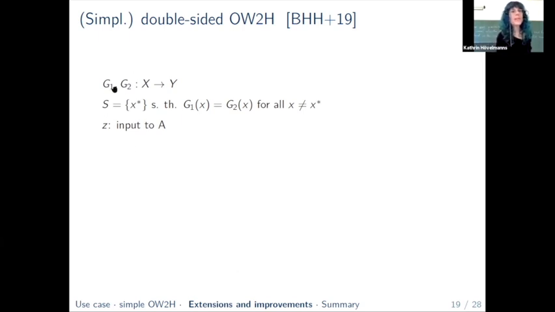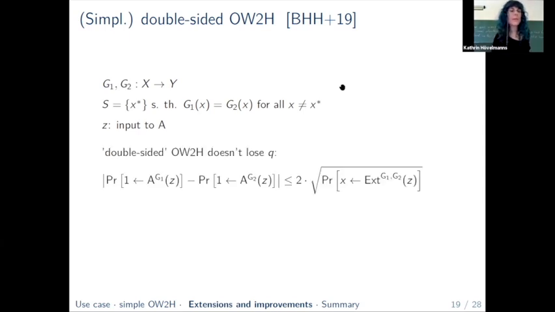Again, we have those two oracles that coincide anywhere but on S and the input to A. And we still want to upper bound the distinguishing advantage. And the new bound we see here doesn't lose a factor of Q at all. And it is defined in terms of the success probability of an extractor that has access to both oracles at once.